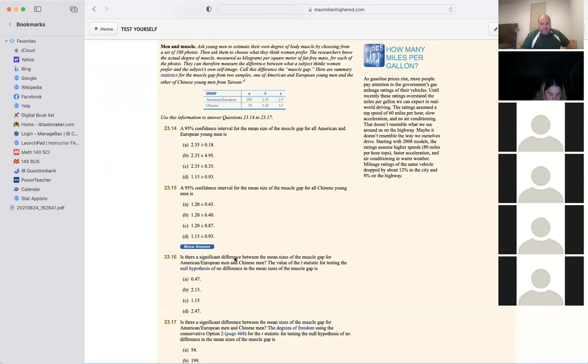Wait, how do you get the 0.35? Did you get the center? Honestly, I just got the confidence interval and I looked at that multiple choice and then I looked at which one fit my confidence interval. Okay. Well, what was your confidence interval? From where to where? It was 2.0014 and 2.6986.